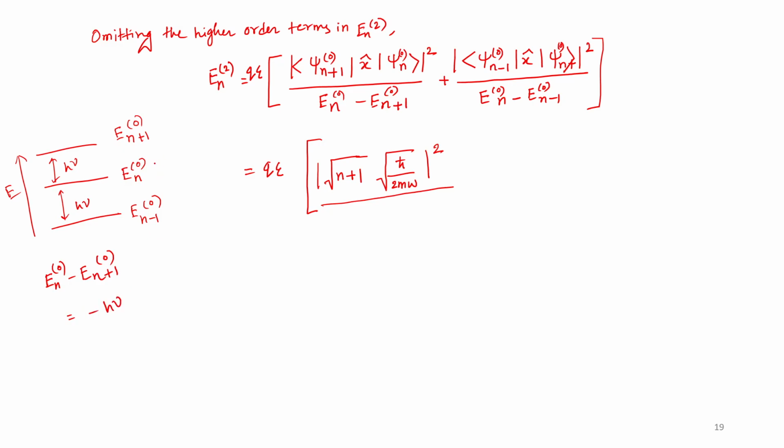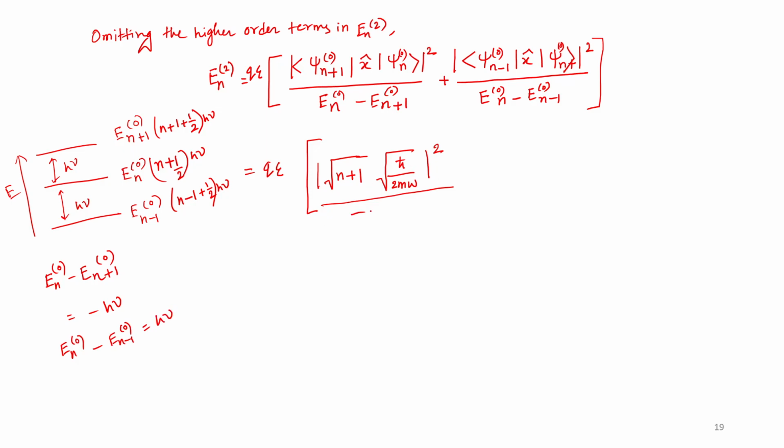Why? Because this is n plus half in terms of h nu, and this is n plus 1 plus half h nu, and this is n minus 1 plus half h nu, right? So again, En0 minus E(n-1)0 is going to be h nu.